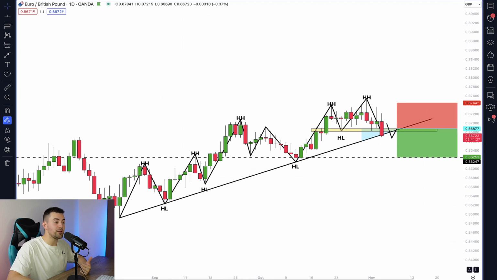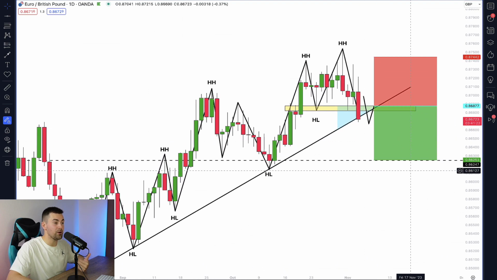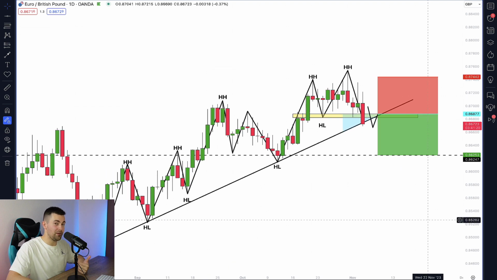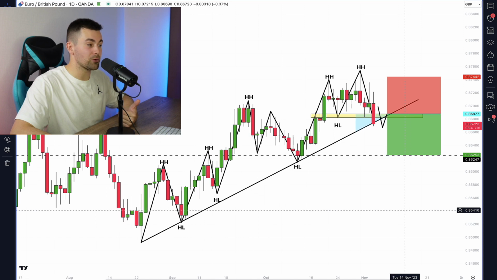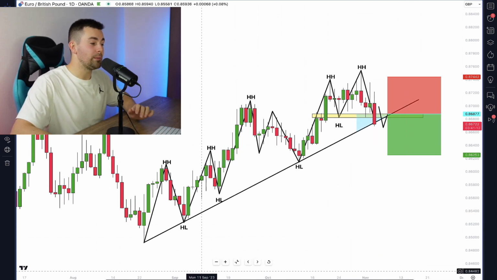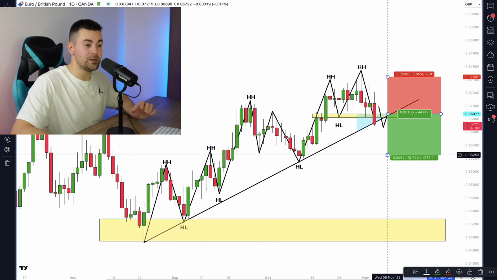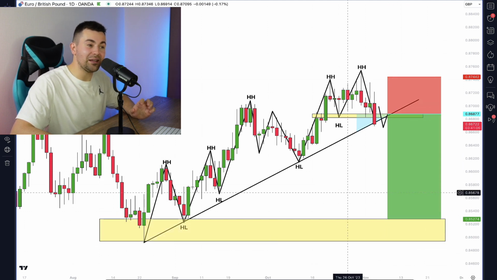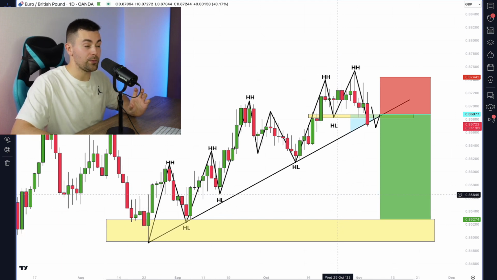So the violation of that liquidity cluster and the change of character may signify that the market returns to a global bearish trend. And that means that the market may drop all the way down to current lows easily. And that will be your perfect swing trade for your account.